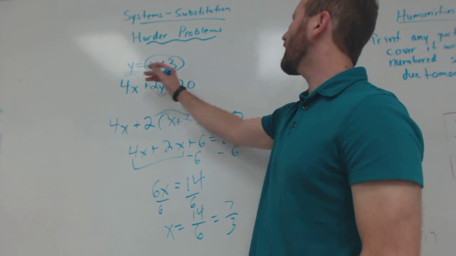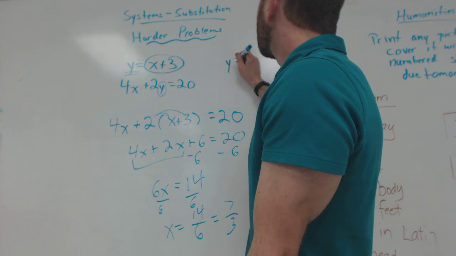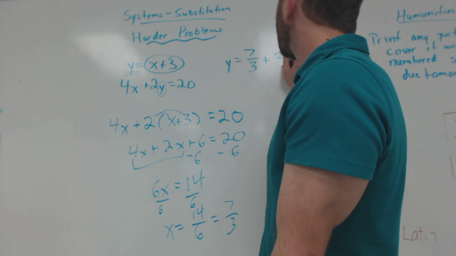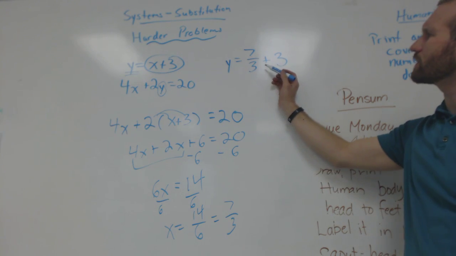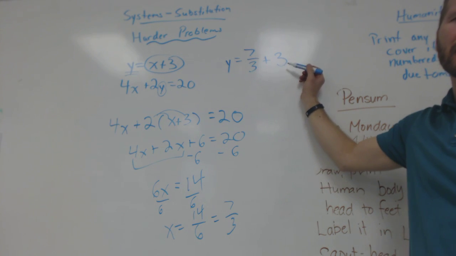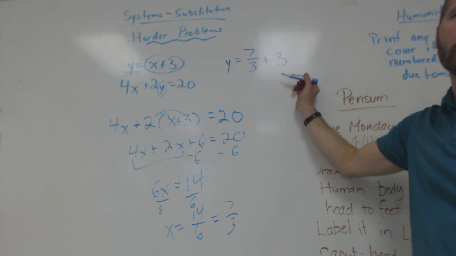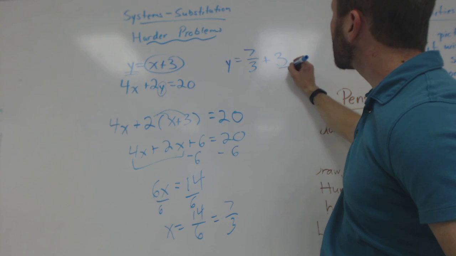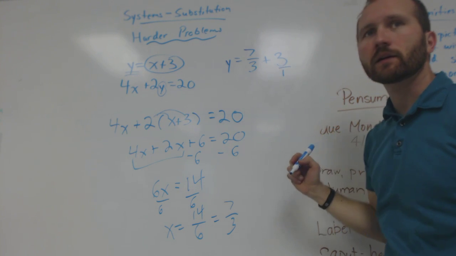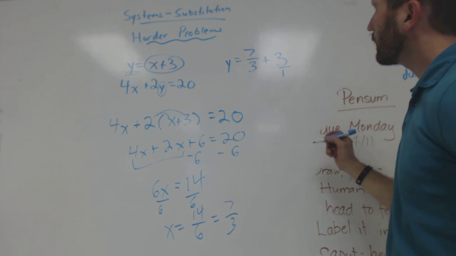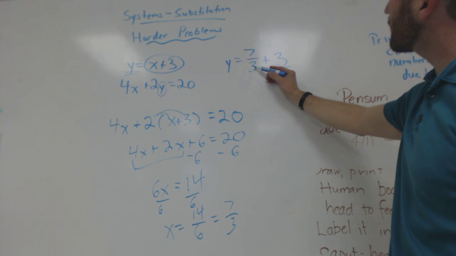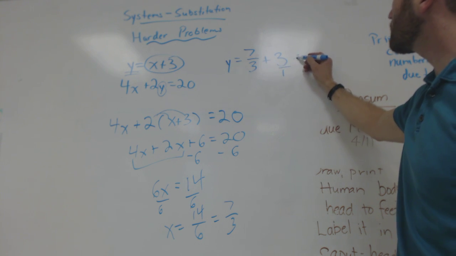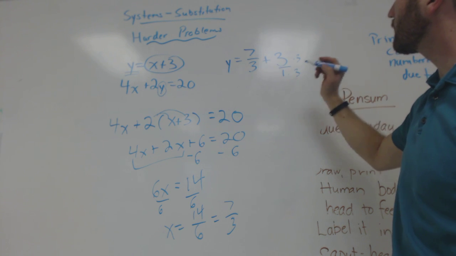Now I can find y by plugging in x up here. So x is 7 thirds plus 3. How do I add 7 thirds plus 3? I have to get the same denominator. So if I think of 3 as 3 over 1, good. Now I need to make my 3 over 1 into something over 3. I'm going to multiply the top and bottom times 3.